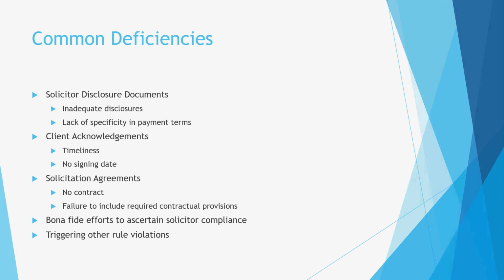So you're going to have the requirements on the solicitor side, but keeping in mind that you have your own Form ADV, and you're going to have to disclose that you have a solicitor, all the conflicts of interest related to having that solicitor, and what happens if you're recommending certain service providers because of that relationship.